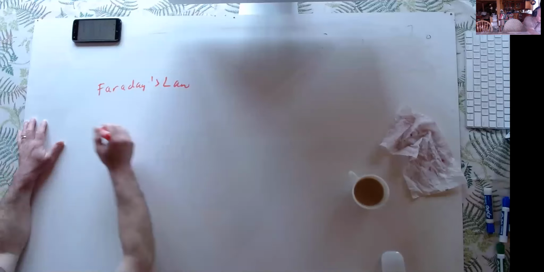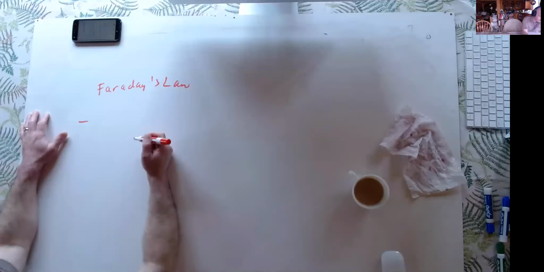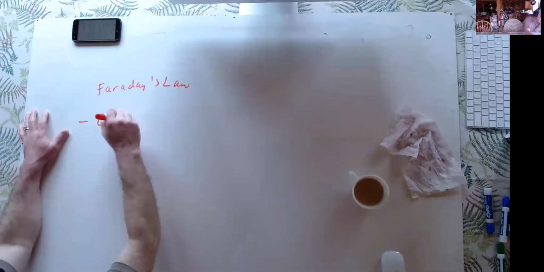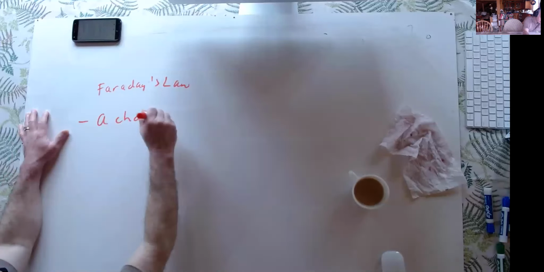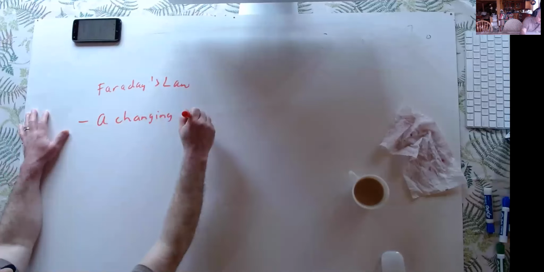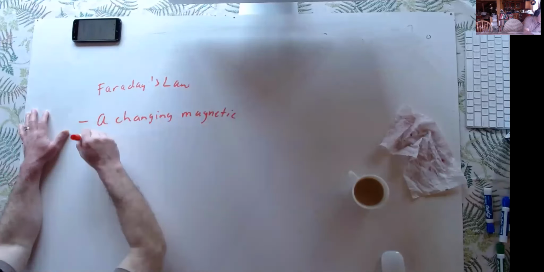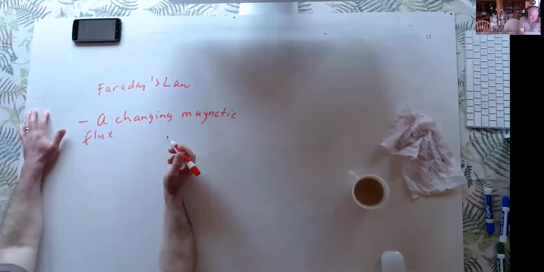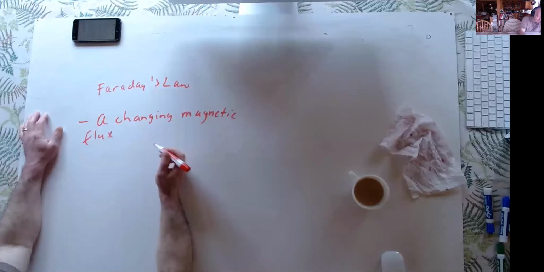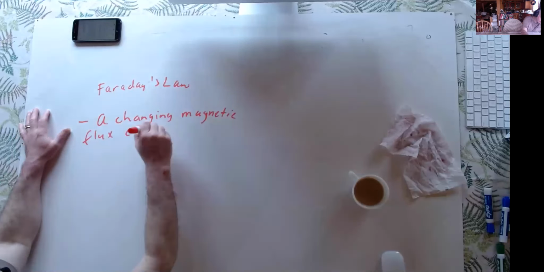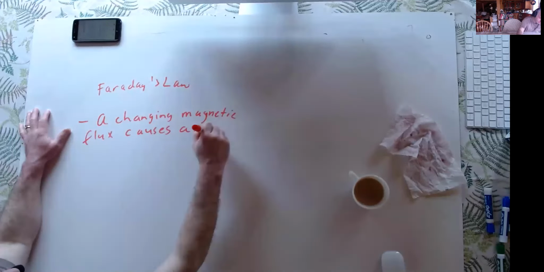So what this is going to state, this all states that a changing magnetic flux, and it's really going to be, in almost all cases, the changing magnetic field, causes an electric field.